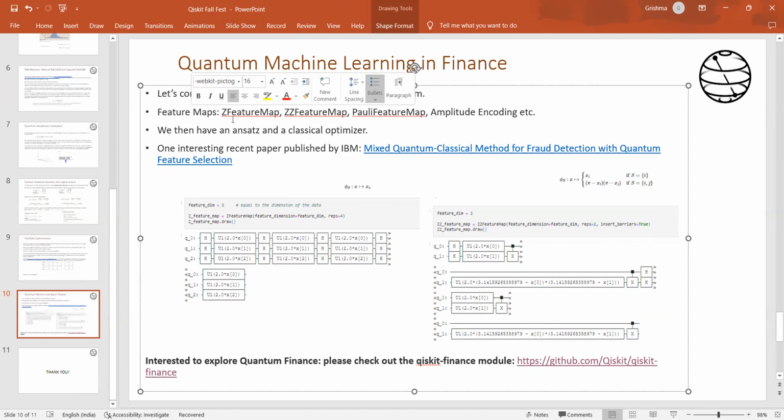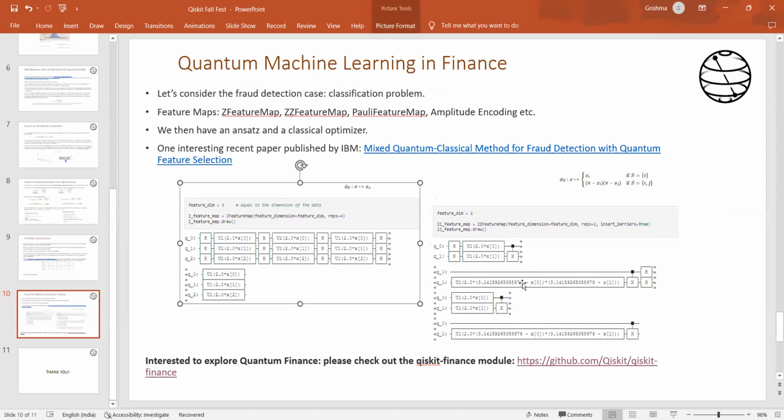This is more common in quantum machine learning, where you have classical data which you need to map in a quantum way. So you have circuits which help you map your classical data to quantum, and the popular ones are the Z feature maps and ZZ feature maps.